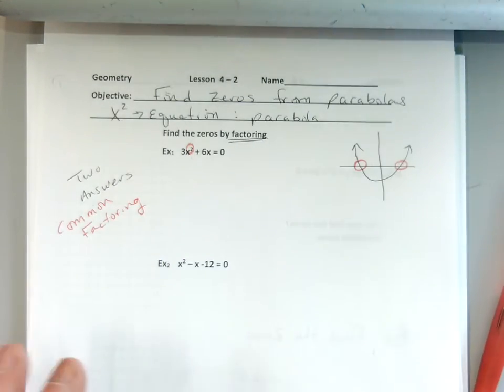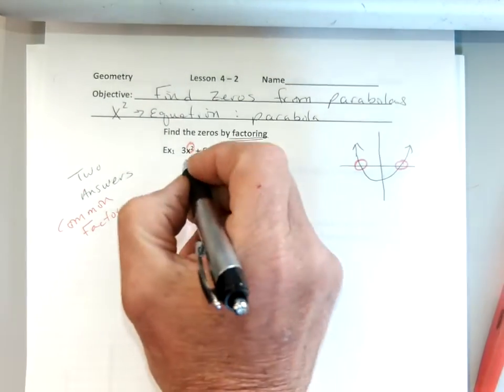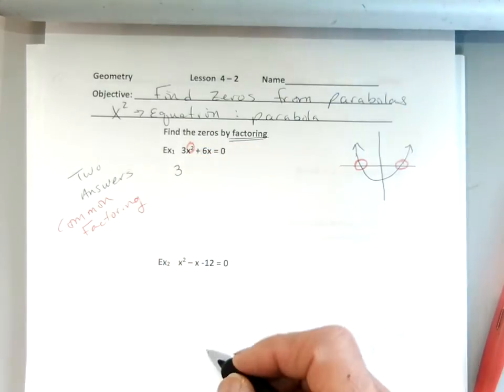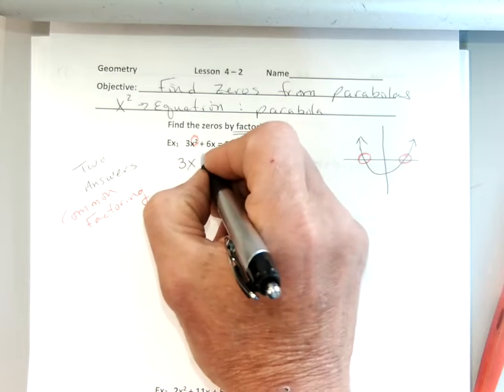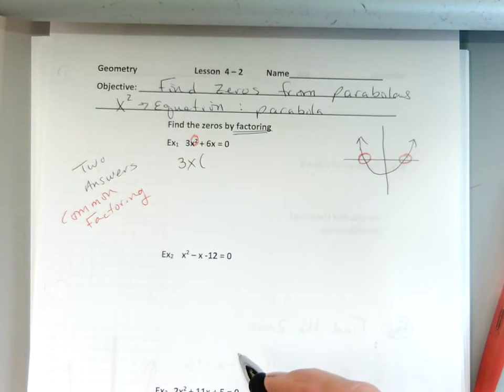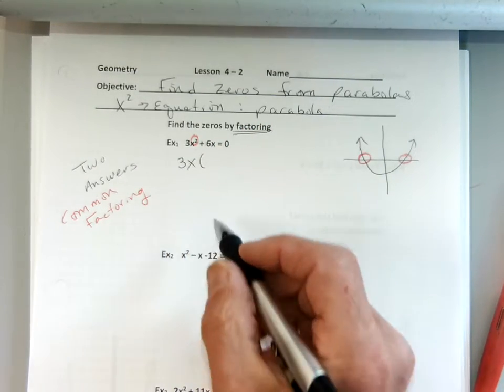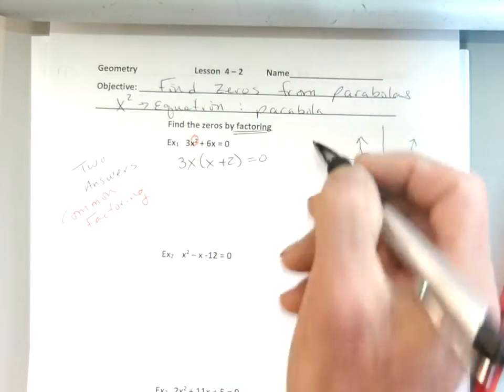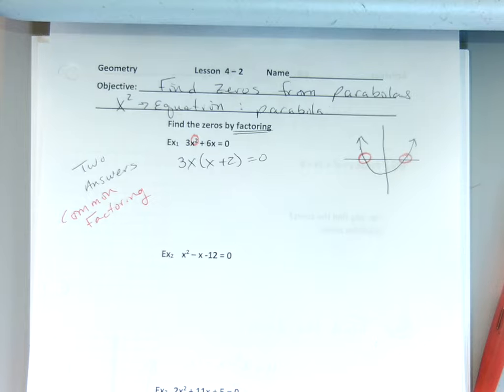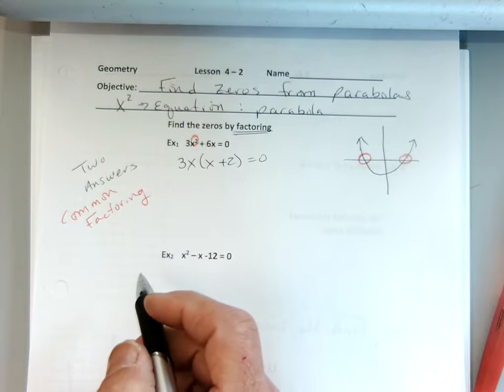So, what do they have in common? Well, they have a multiple of 3, and they both have a common x. So if I common factor out a 3 and an x, what's left over would be an x plus 2 equals 0. So what we have is our mini equations, right? And from our mini equations, we're just going to solve, okay?